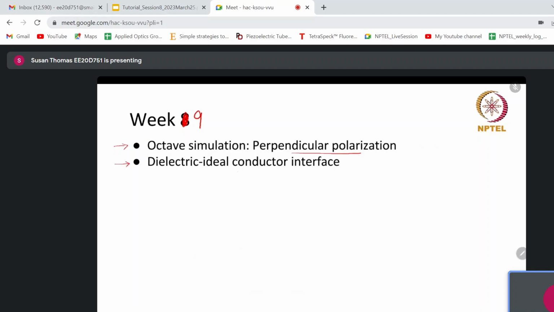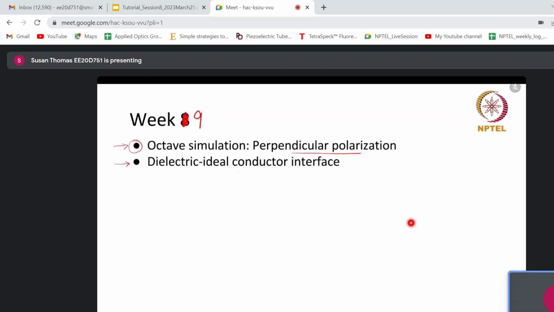Okay, so we already discussed last week about plane waves at normal incidence and then plane waves at oblique incidence, where we discussed the perpendicular and parallel polarization as two cases. And this octave simulation, if you have gone through the video lectures, you would have understood how we visualize the perpendicular polarization with the help of the octave code.